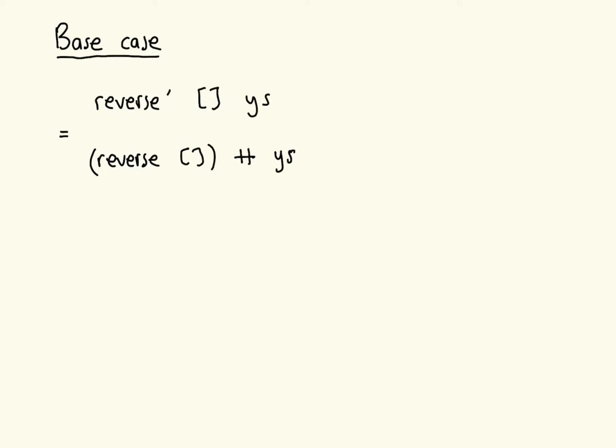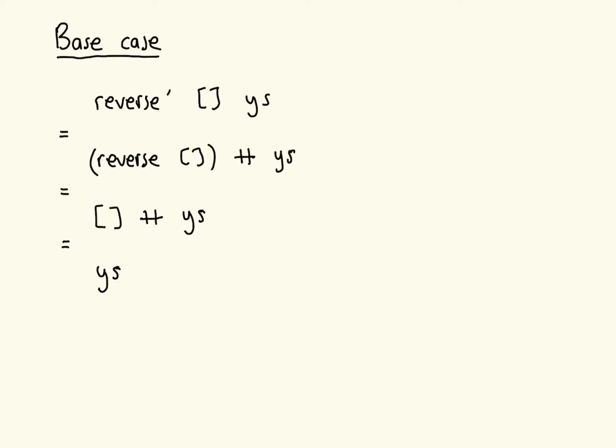Then you think, well, what could I do? It's very easy to simplify in the brackets here. I know how to reverse the empty list. By definition, that is simply the empty list. So if I apply the definition of reverse, I get the empty list, and then I copy down the plus plus y's. Then I think, well, what can I do now? I know how to append the empty list to anything because the definition for append tells me what to do. So if I simply apply the definition for the append operator, I will get down to y's here.